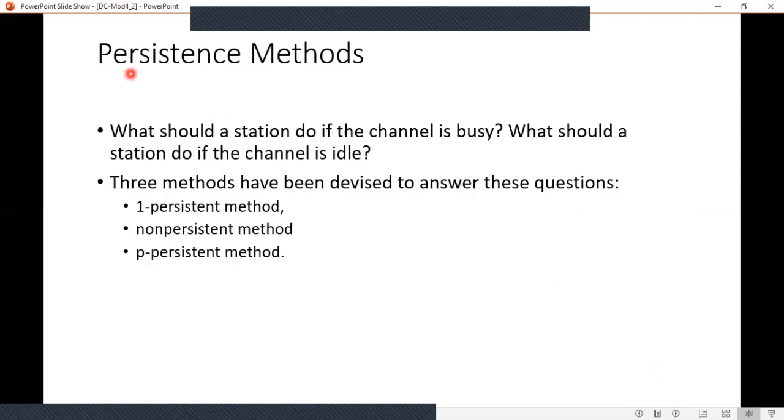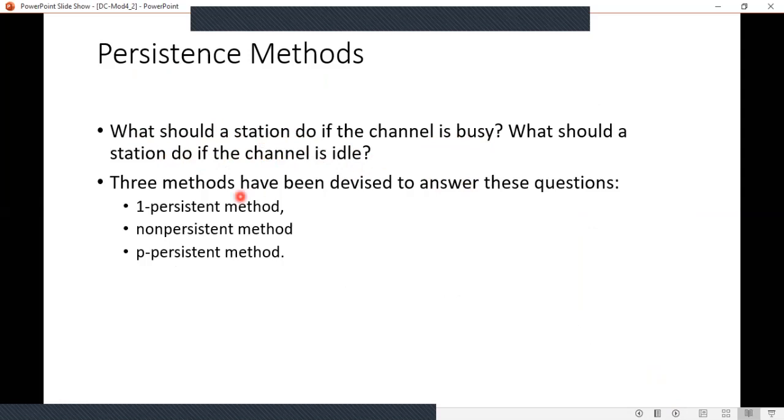Now, there are three types of methods, that is persistence methods, to check the channel. What should a station do if the channel is busy? Or what should a station do if the channel is idle? What has to be done?